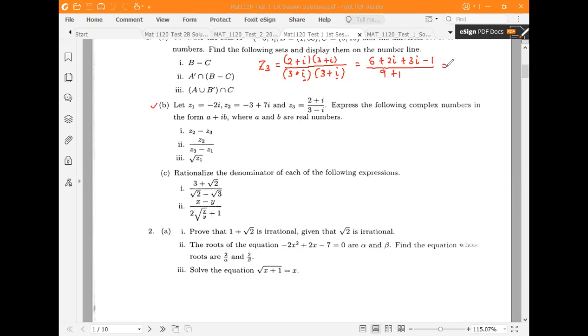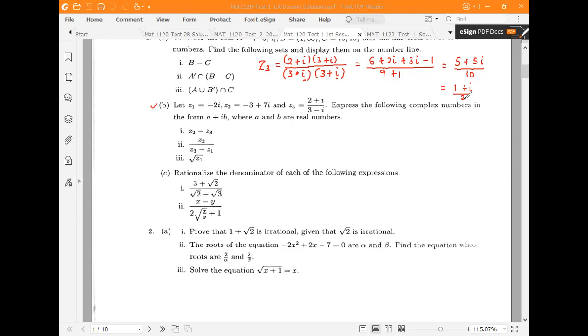We are going to have 6 minus 1, which is 5, plus 5i over 10. So that what we get now is 1 plus i over 2.